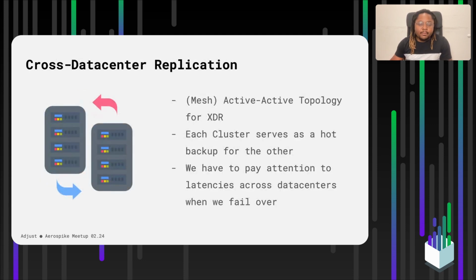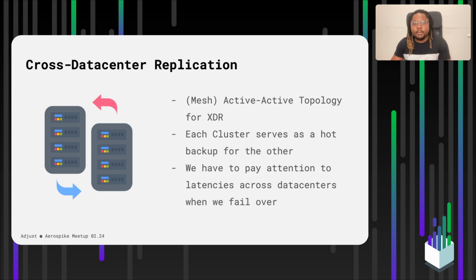All of these three data centers are set up using cross data center replication. This is a mesh active topology where a request that ends up in one cluster is sent to another cluster where it is backed up.